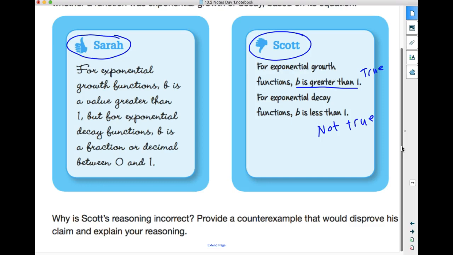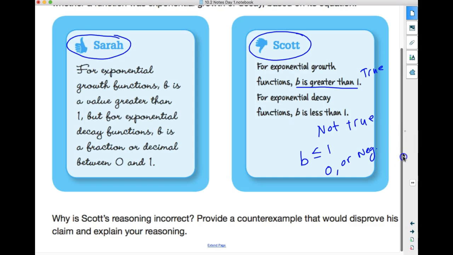Okay? So if I said b is less than or equal to 1, that leaves a whole bunch of numbers open to it, right? That means I can put in 0 or negatives, and that doesn't work. My b can never be a negative number.